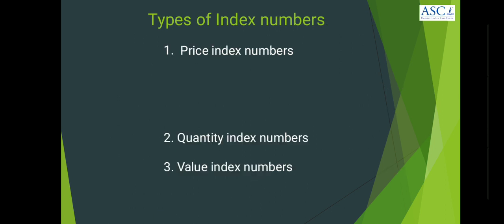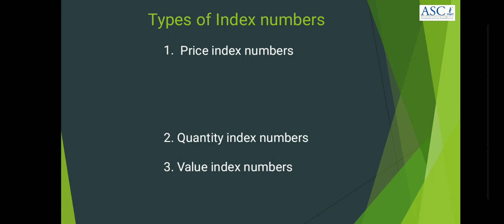Now, the next concept, types of index numbers. Here, classification is done on the basis of different factors or variables. Here, different factors or variables are price, quantity, and value. Now, first let us look at the difference between them.